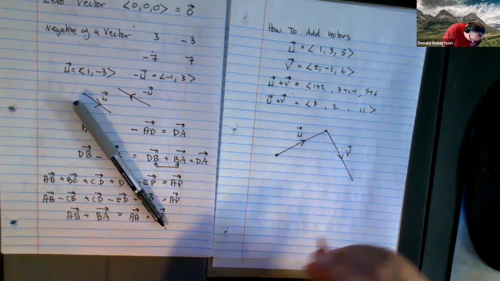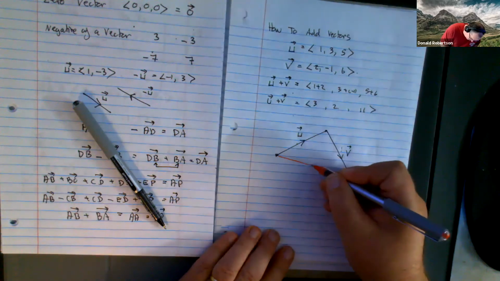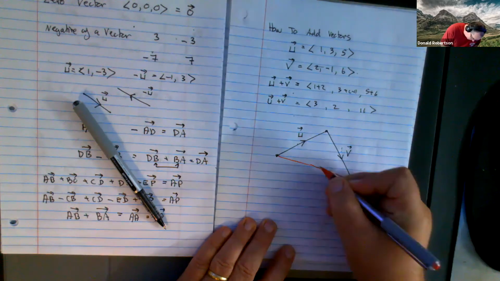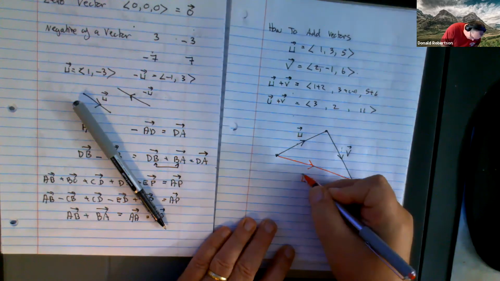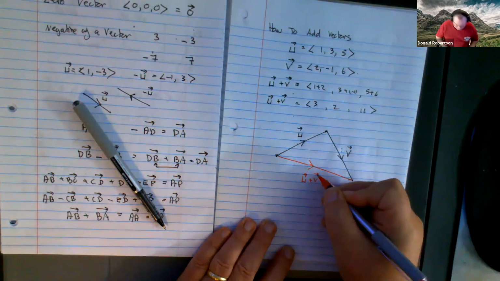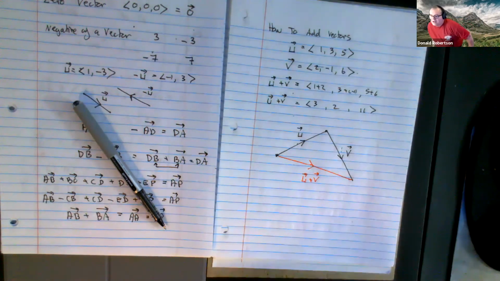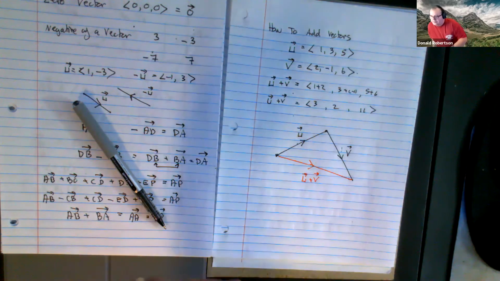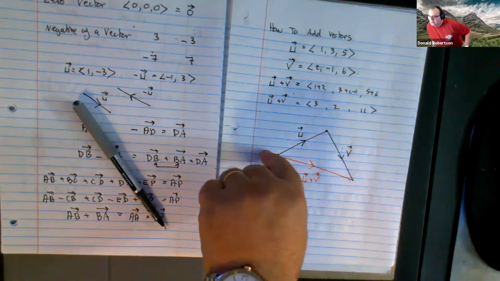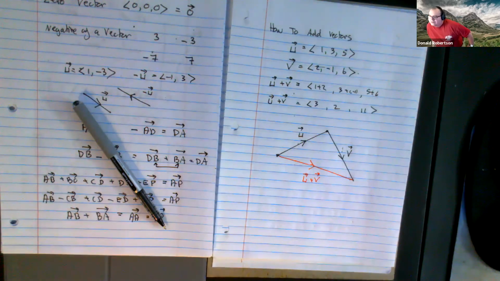U plus V is that red vector. So by adding the components, don't you basically just make a little triangle where U and V make the two sides, but the sum is start to finish? It's a bit like, I could take the scenic route or I could take the motorway. I could go straight to the other place. And U plus V represents this.